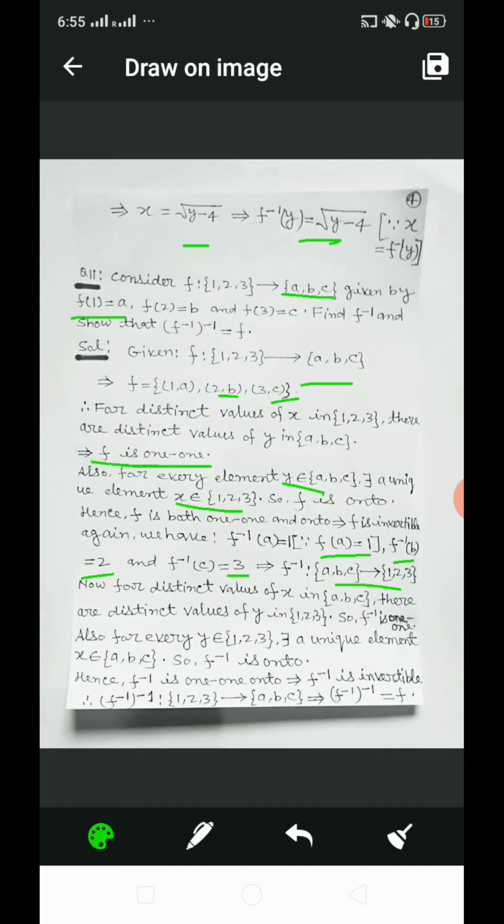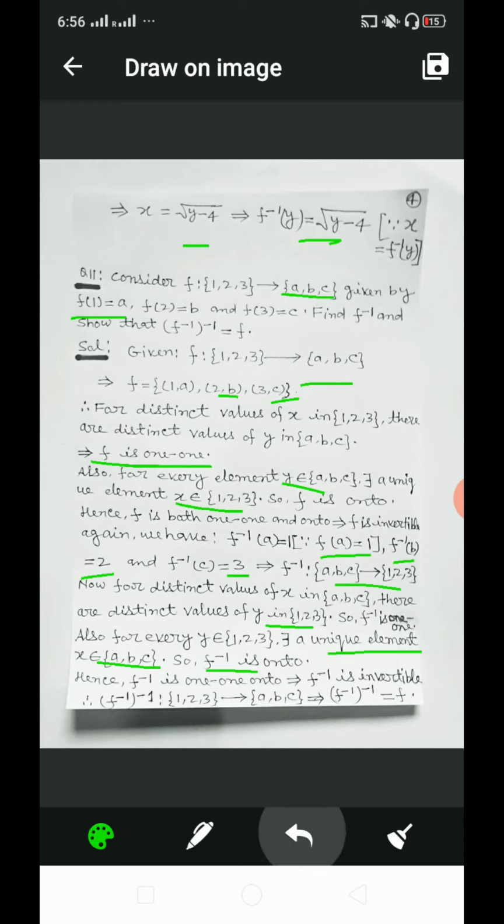Now for distinct values of x in the set {a, b, c}, there are distinct values of y in the set {1, 2, 3}. So we can say that f inverse is one-one. Also for every y belonging to the set {1, 2, 3}, there exists a unique element x belonging to the set {a, b, c}. So we can say that f inverse is onto.